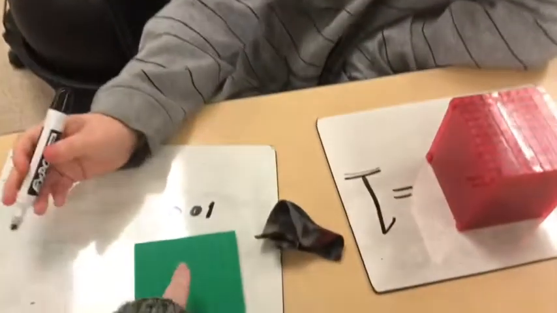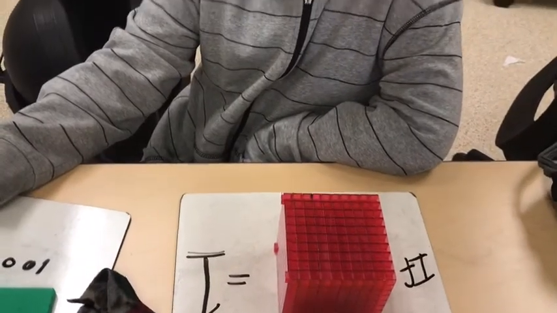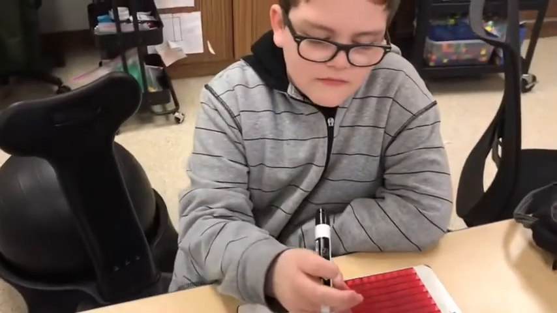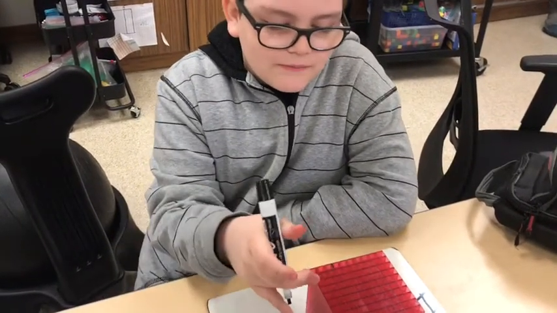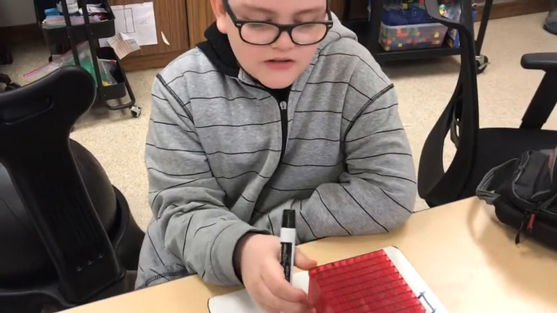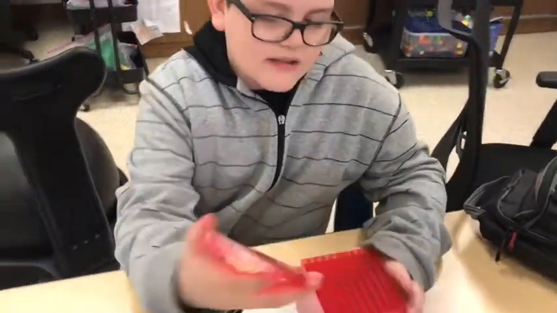Okay, so how many of these blocks would make this block? No, 9. No, 10 of these. You want to split it up and just make sure? You can do 10 because that's 1,000.